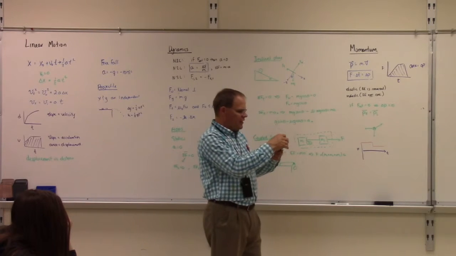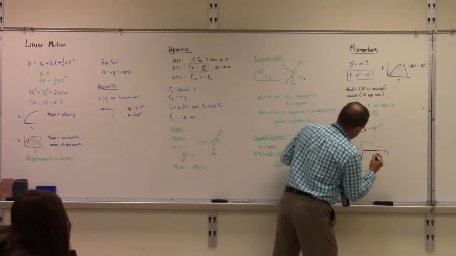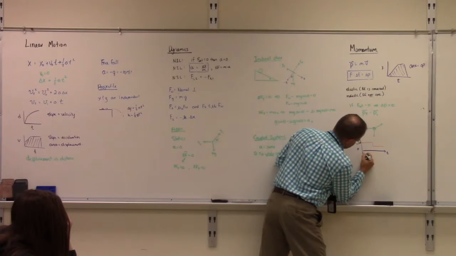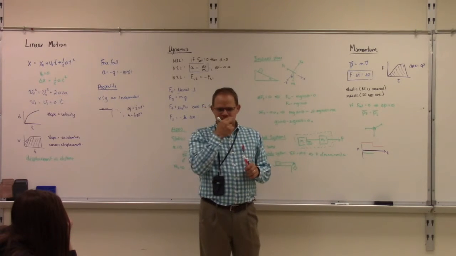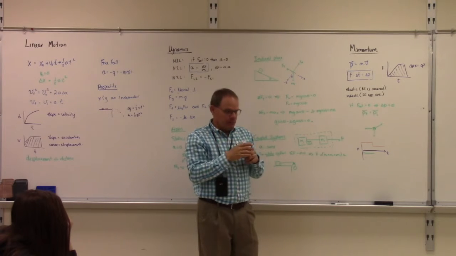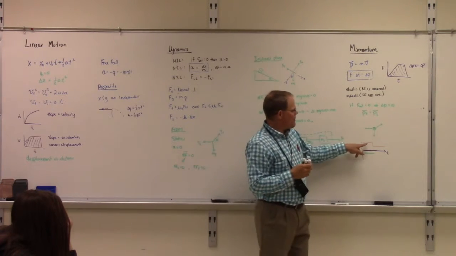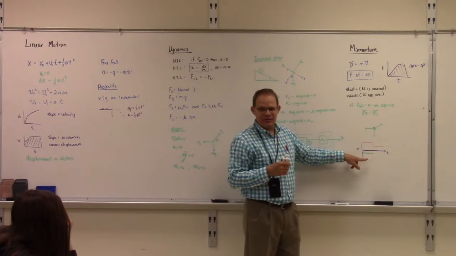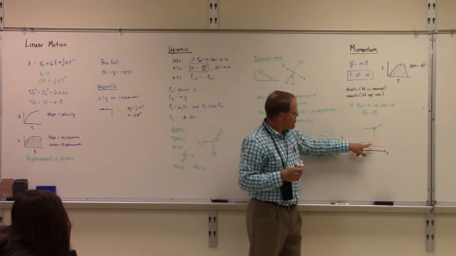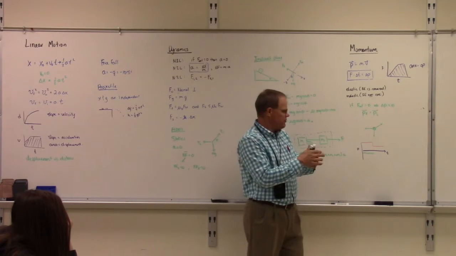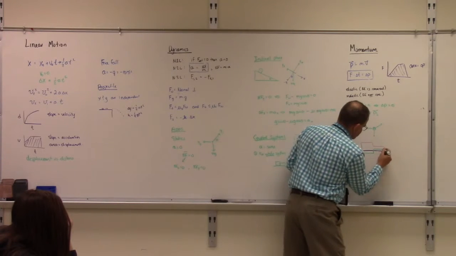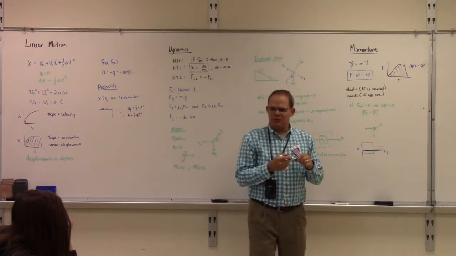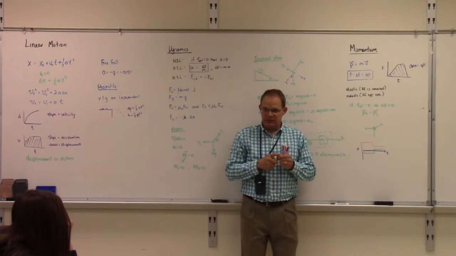If it collided with a green car that was initially moving like this, what would the rest of the graph look like? Well, remember, momentum's got to be conserved. So whatever momentum this guy loses, this guy's got to gain. If this guy loses 2 units of momentum, the green guy's got to gain 2 units of momentum. So you can figure out what the graphs look like using that idea, okay?